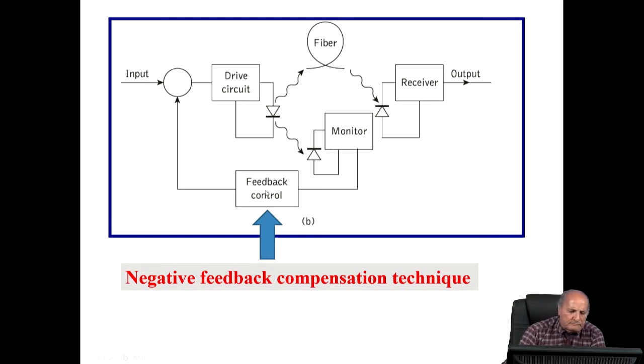Feedback may be used to control the drive circuit, and this is useful, for example, to keep the emitted power from the laser source constant when the temperature varies due to operation.